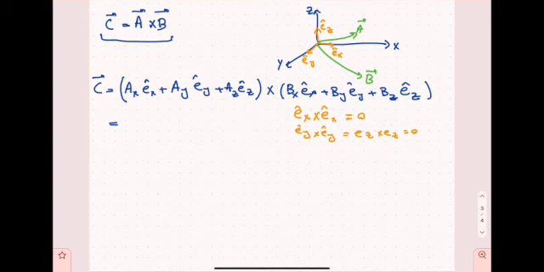And now if we want to calculate, for example, e_x cross e_y, what do we get?